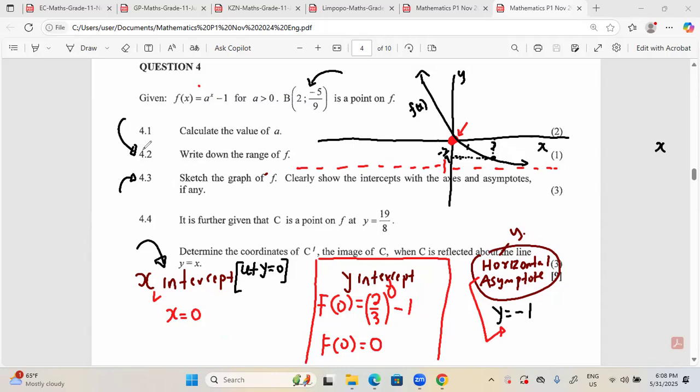Look, all the time, our graph is above -1. So you say, y can be any real number with the property that y is above -1. This is your range.